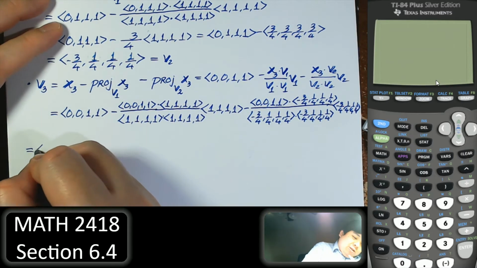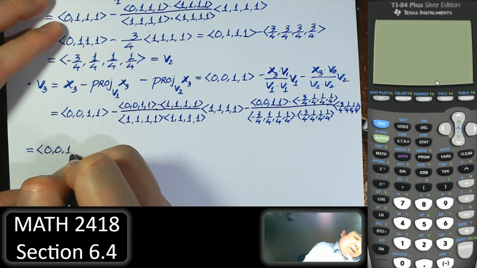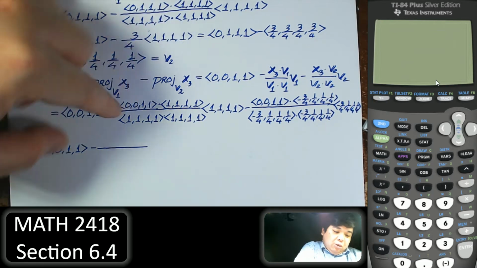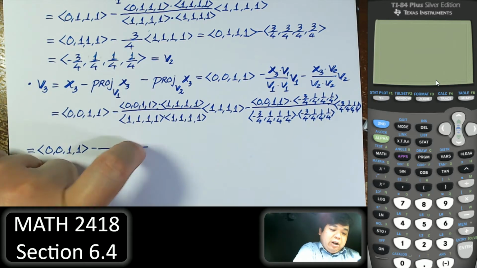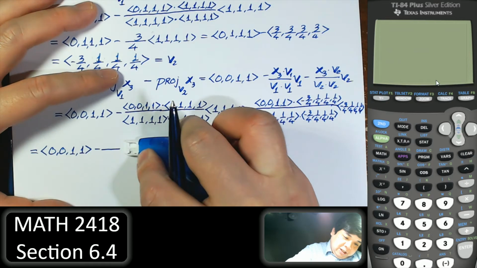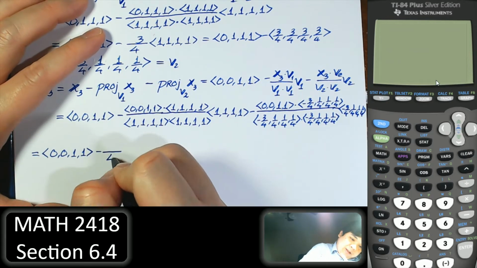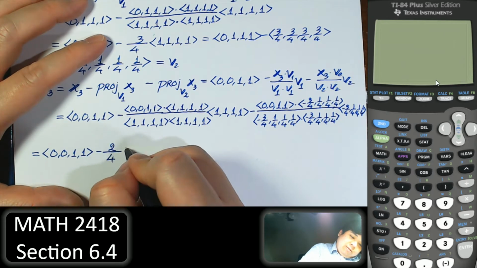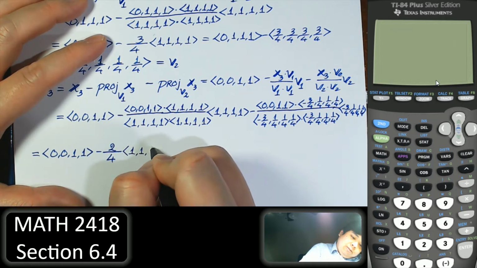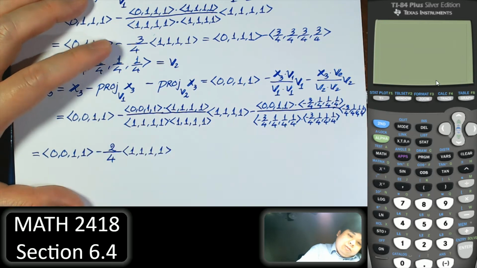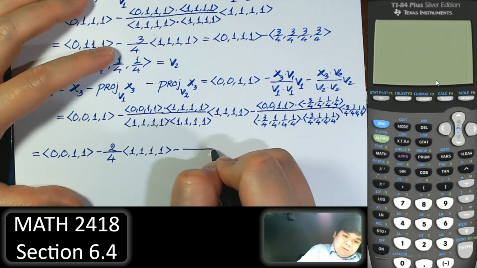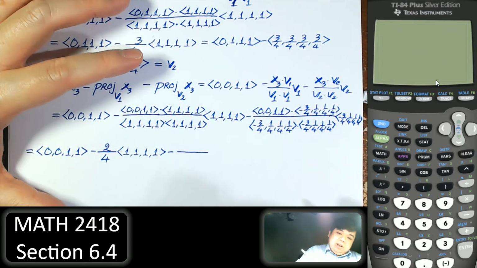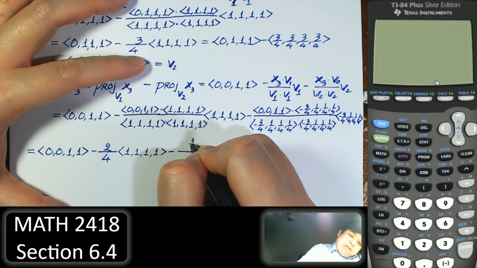Right, at the bottom that will be 4, that's easy. And then the top 0 0 1 1, so just 2 on the top. Then for x3 dot v2, 1/4 plus 1/4 is 1/2.